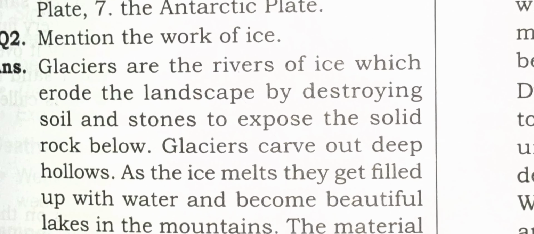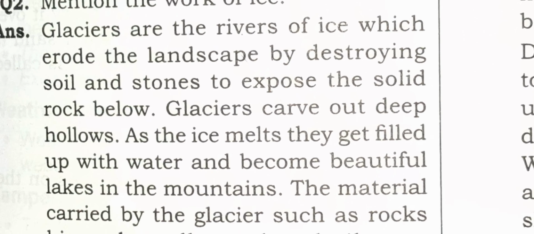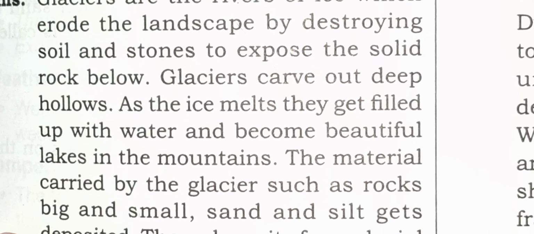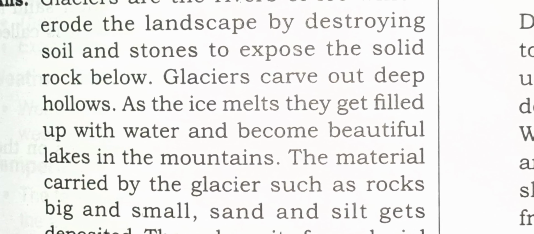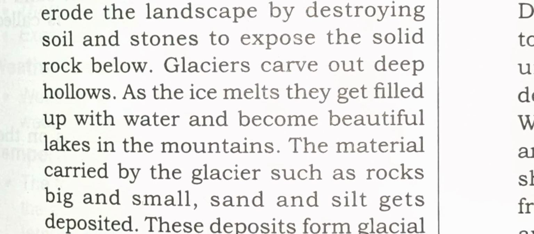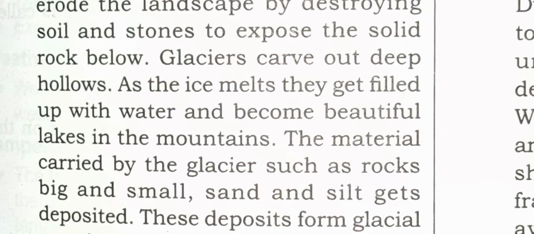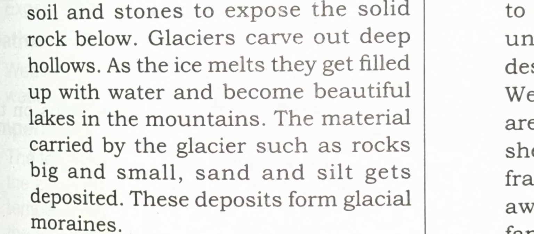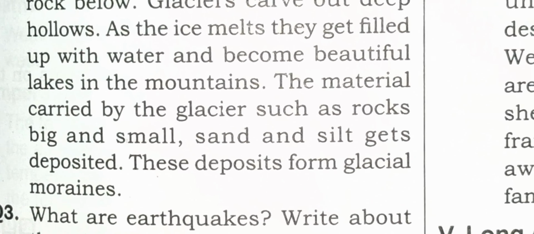Mention the work of ice. Glaciers are rivers of ice which erode the landscape by grinding soil and stones down to sand, and by scraping the solid rock below. Glaciers carve out deep holes as the ice melts.